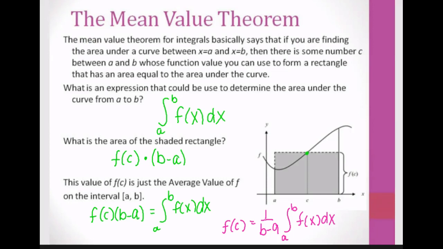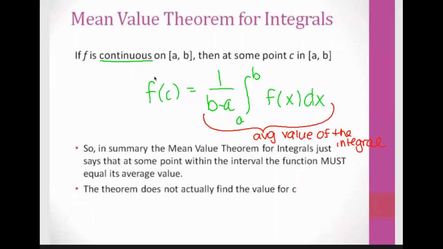So the formal definition for mean value theorem says if f is continuous on the interval a to b, then there exists a point c in that closed interval such that f of c, which is the original, will equal the average value of the integral. So the original equals the average value of the integral.